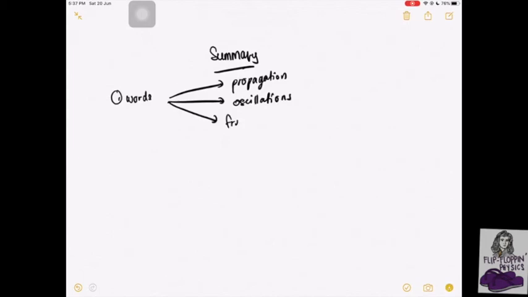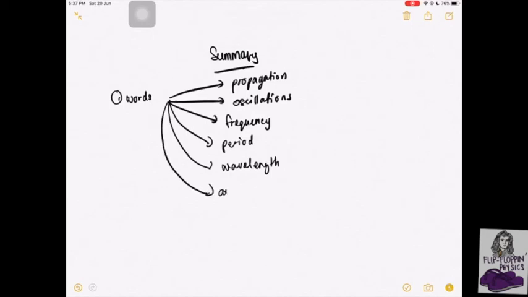You should know what frequency is, its definition, and also where to find it from a graph, which you can't, so you have to use a formula for that. Period: definition and where to find it in the graph. Wavelength: definition and where to find it on the graph as well. And the last one is amplitude, also its definition and where to find it on the graph, both the displacement-time and displacement-distance graphs.